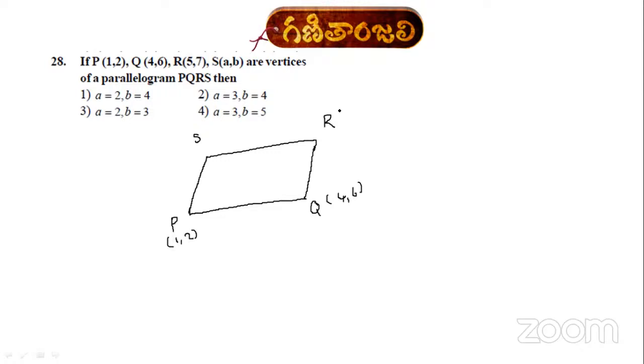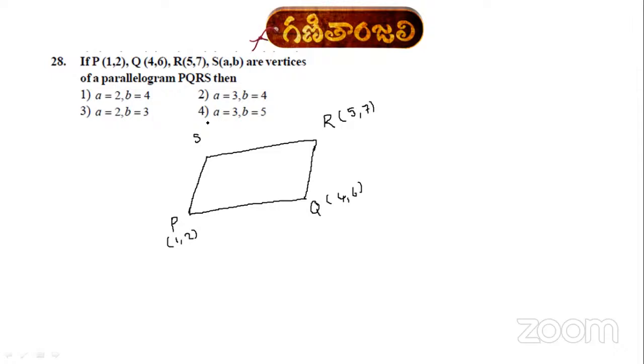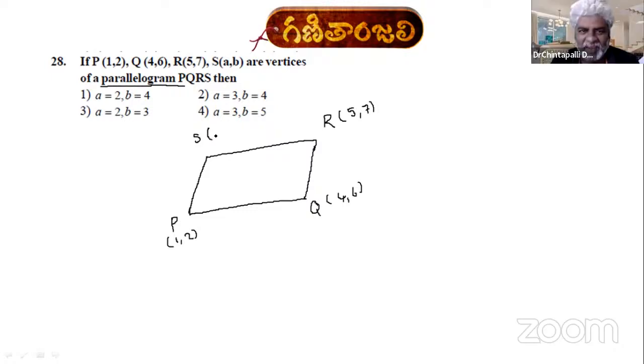Isn't it lying in one straight line, sir? When we plot the points P, Q, R, you may think that all these four points lie on a straight line. But they are actually mentioned as a parallelogram. If we take the x-axis and y-axis and start plotting the points, okay, I got your idea. Very good, that's an innovative idea.